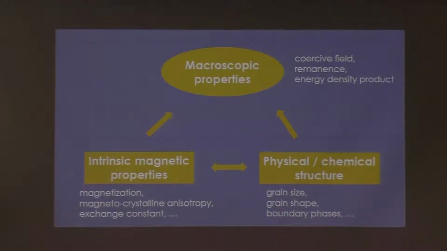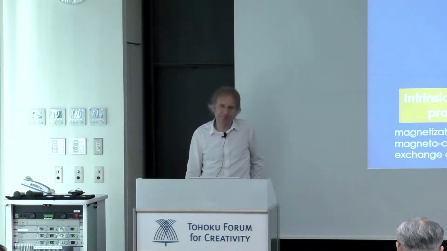There are two ingredients that determine these macroscopic properties. On the one hand, these are the intrinsic magnetic properties, like the magnetization, the magnetocrystalline anisotropy, or the exchange constant. These are basically given by the chemical composition, the magnetic phase we have.